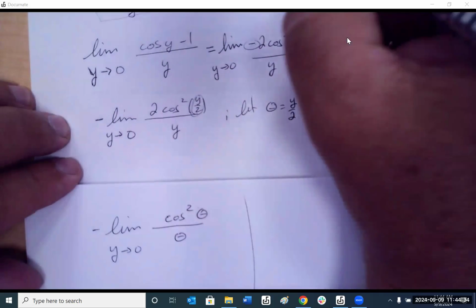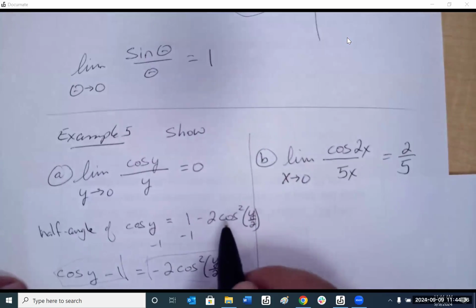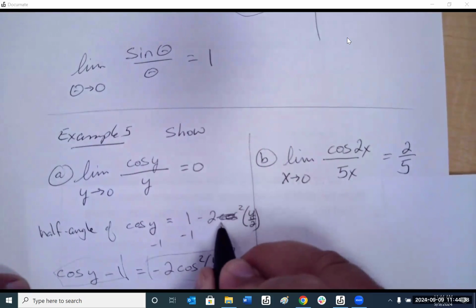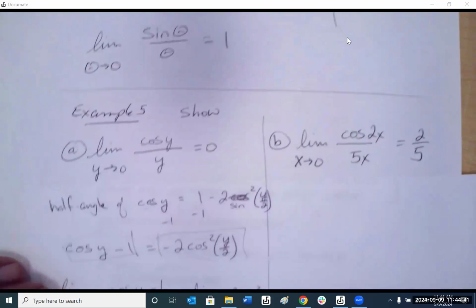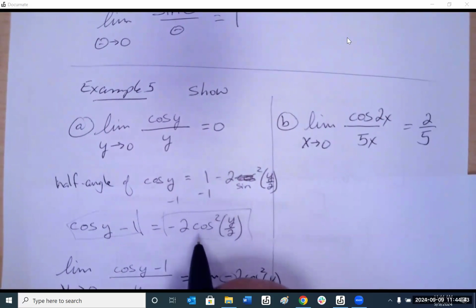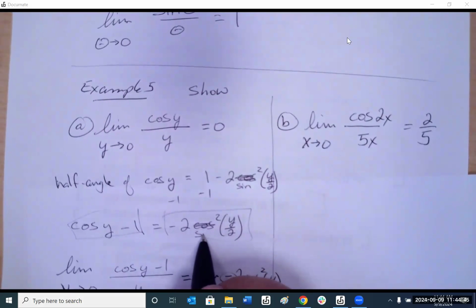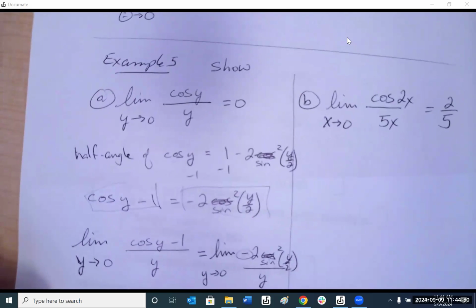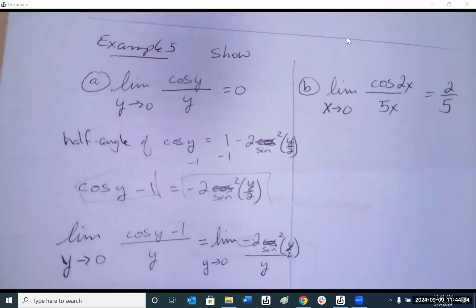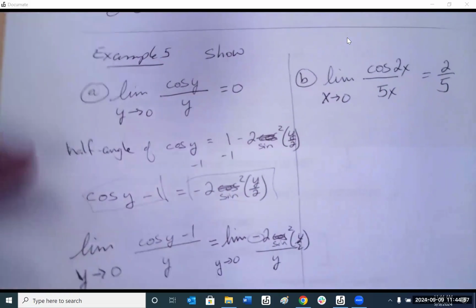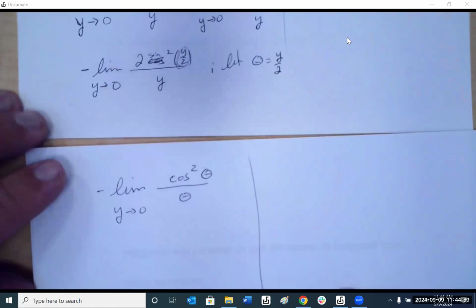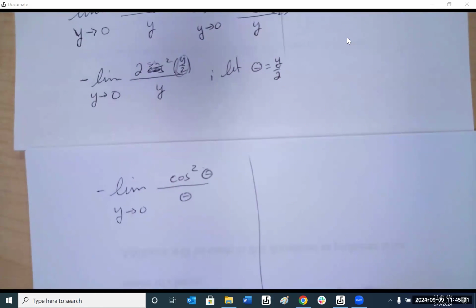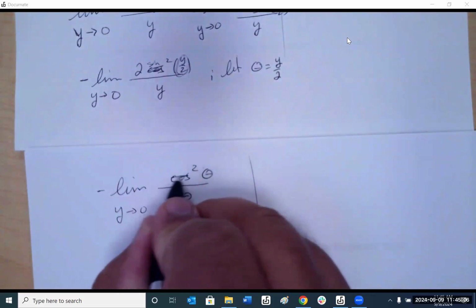Oh, hold it, no, I'm sorry. This one should be sine, because it's a half angle. So this one should be sine. I also think you got your sines and cosines. I don't know why I put cosine, but cosine y equals 1 minus sine squared. So this is sine.